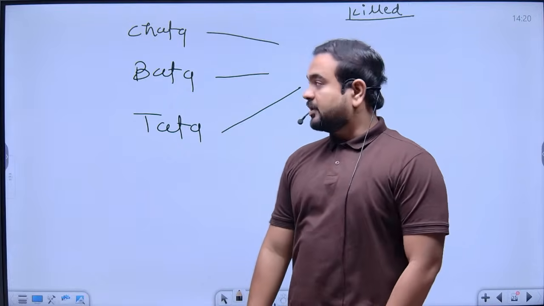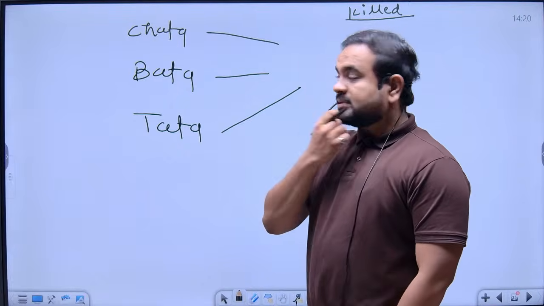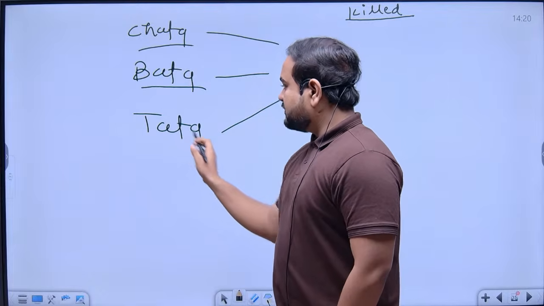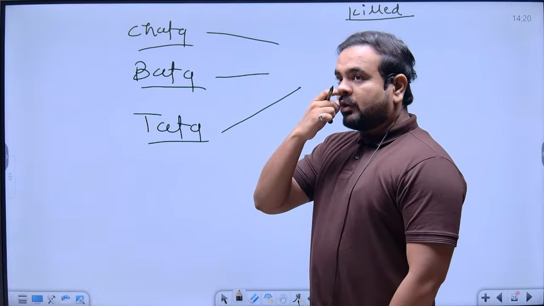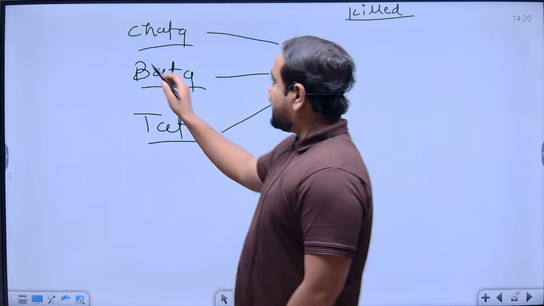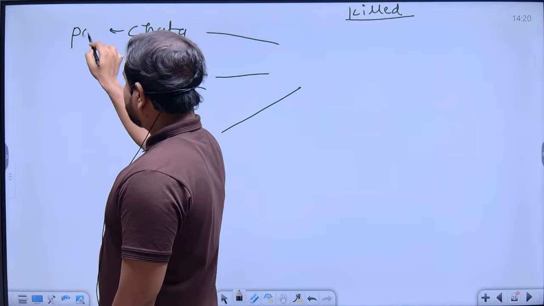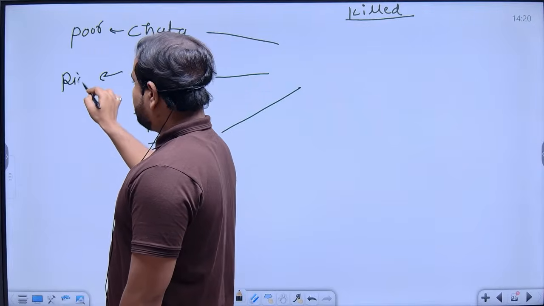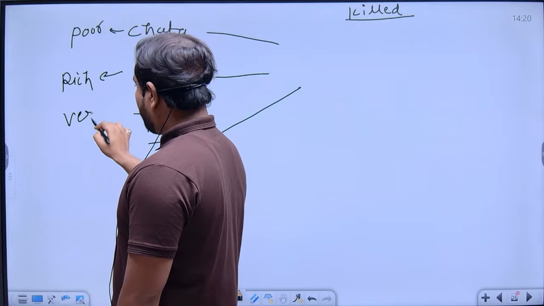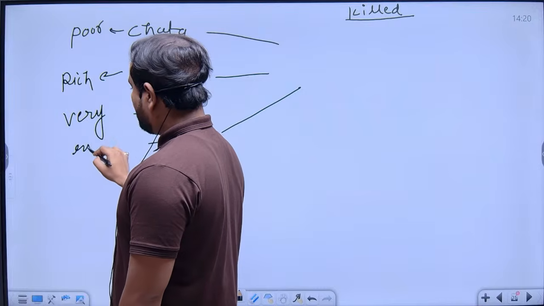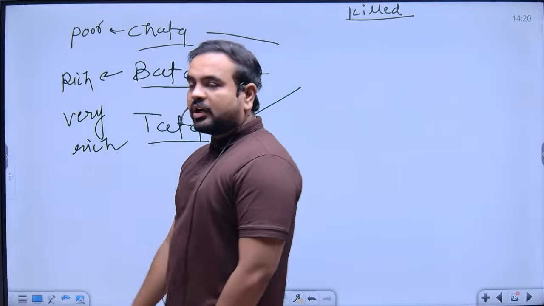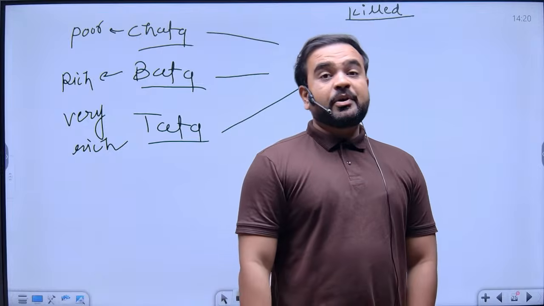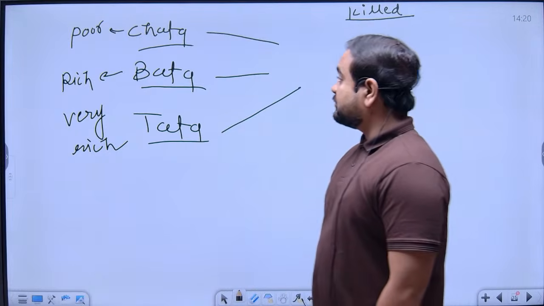They are all Indian. Let's say Chata is very poor, Bata is rich, and Tata is very rich. What will happen to all three persons?